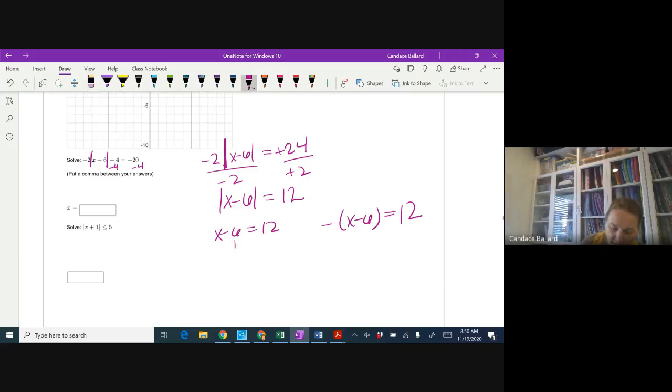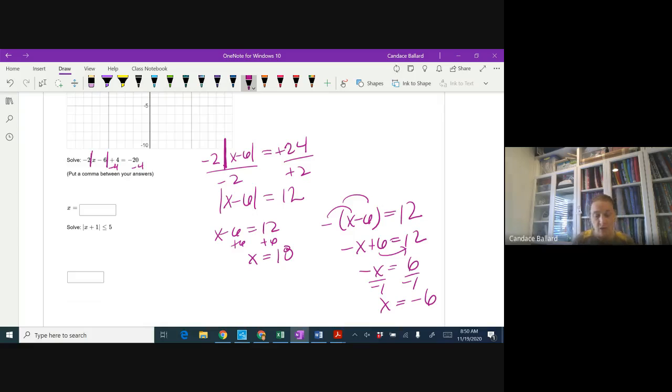All right, we're going to add 6. We get x equals 18. And then we're going to distribute this negative. So -x plus 6 equals 12. I'm going to subtract the 6, and I'm going to divide by -1. So x equals -6. When you type your answer in, just type in 18, -6.